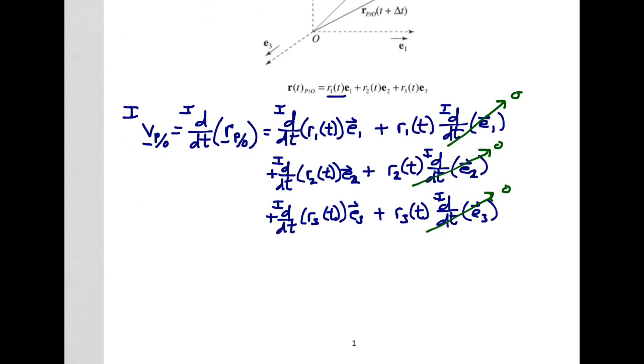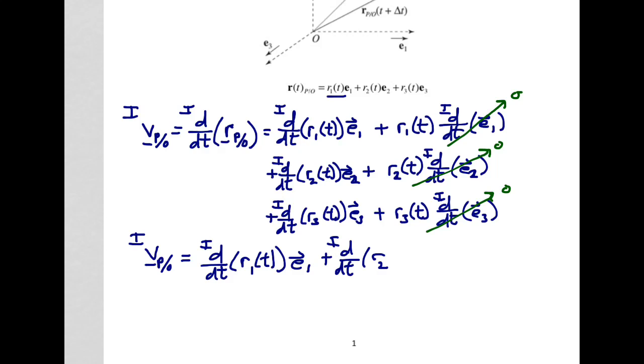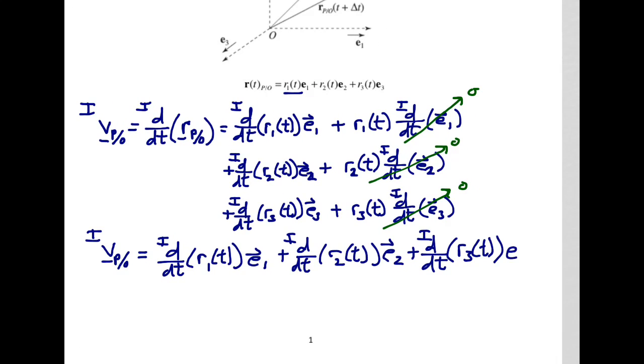And that leaves us with the velocity of point P with respect to O, as observed in the inertial reference frame, of this position vector: d dt, as observed in the inertial reference frame, of r1 as a function of t, multiplied times E1, plus d dt, as observed in the inertial reference frame, of the scalar r2 times E2, plus d dt, the time derivative as observed in the inertial reference frame, of r3 as a function of time along the E3 direction.